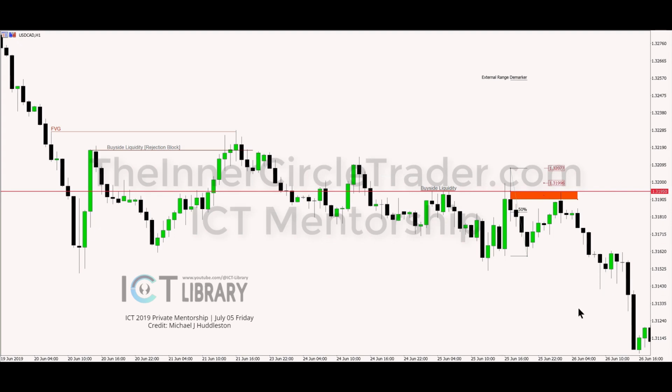We're using real reference points in IPDA and price delivery to create a narrative that we'll follow in the marketplace. It's not that we're looking for any old, quote unquote, pin bar or a doji. The premise is not on the individual candle.